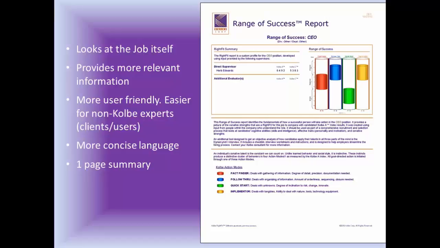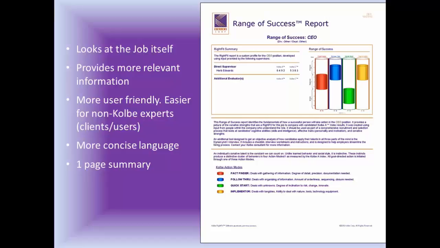So the first thing that we've done to change these reports is we've made the language more concise, and we've changed it to focus really on what's important. So you'll get a one-page summary that gives you everything you really have to know about the way the range was built and what the results are. It has a little bit of explanation also, again, for people who aren't Colby experts who might want to know a little bit more about what this means and how to interpret it.